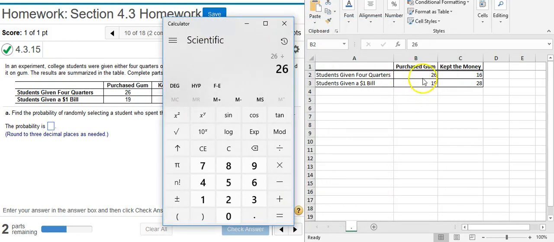This is where Excel makes it really nice because all I have to do is select the cells for that given category, given the 4 quarters, and then down here, Excel actually sums up everything really nice for me. Sum is 42. I can get the same thing in this calculator just by using the parentheses.